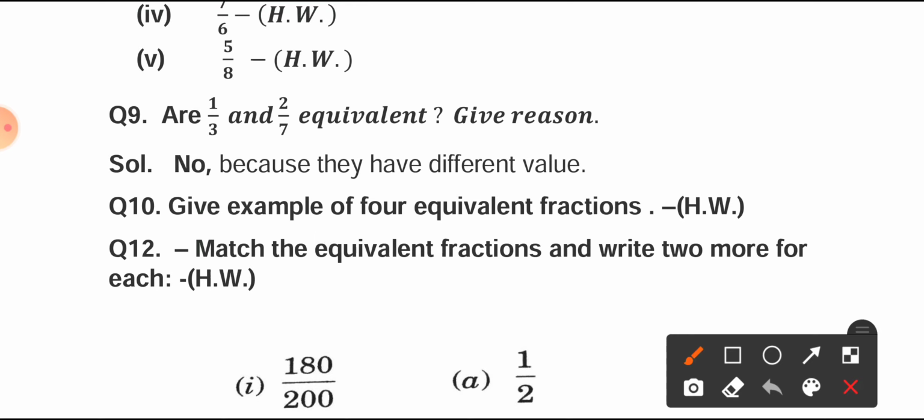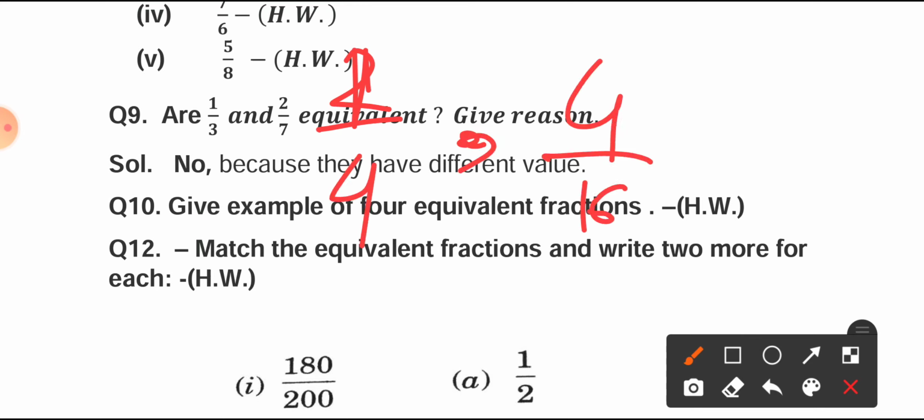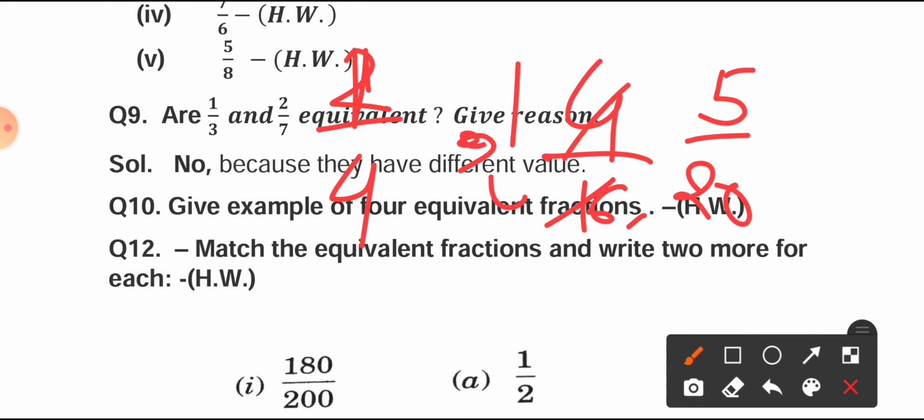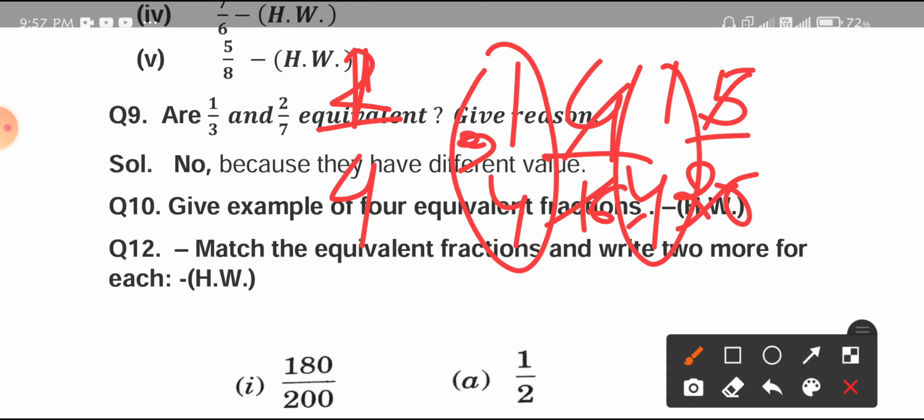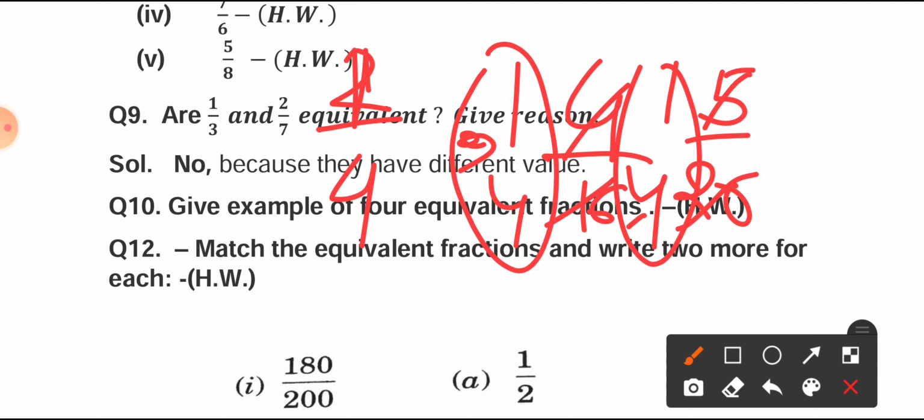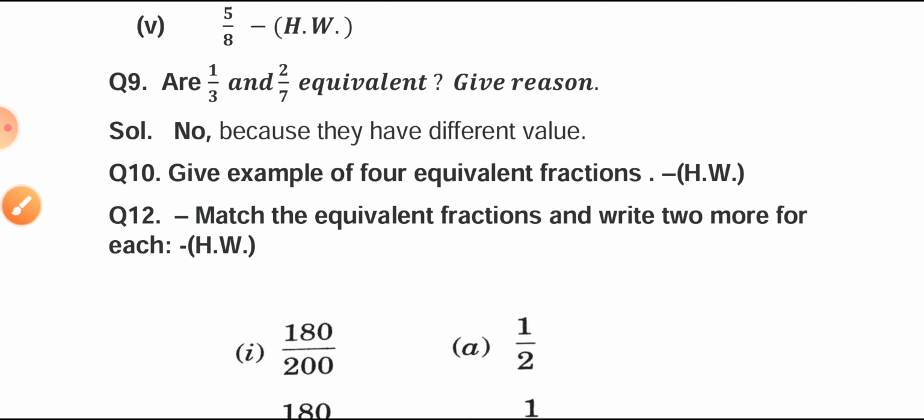If you take 1 by 4, which are the fractions equal to 1 by 4? We can write 4 by 16 or 5 by 20, as 4 1s are 4, 4 4s are 16, 5 1s are 5, 5 4s are 20. So the 4 equivalent fractions are 1 by 4, 4 by 16, 5 by 20. Like this you have to write in this question.